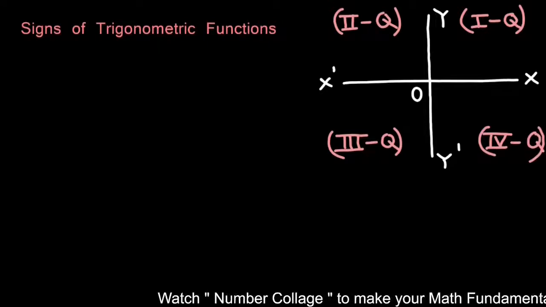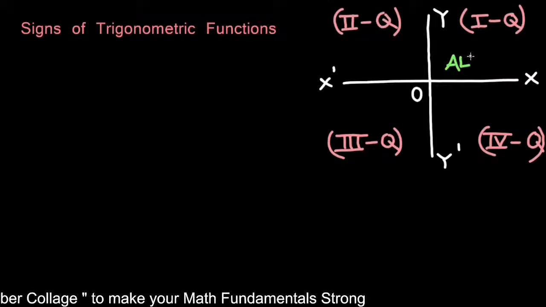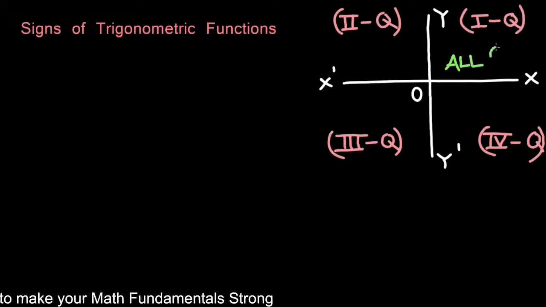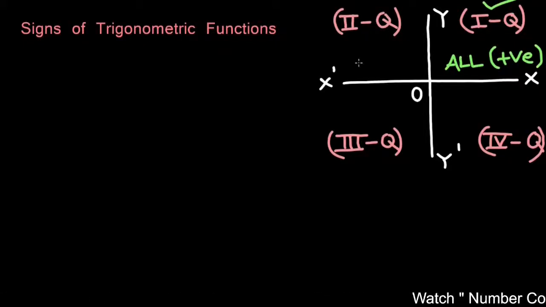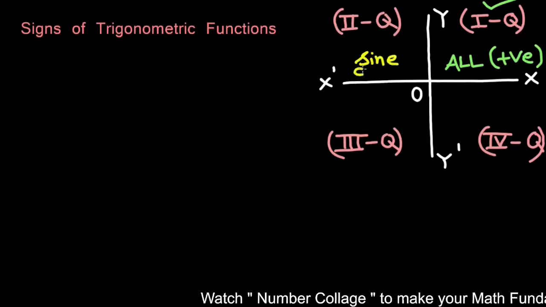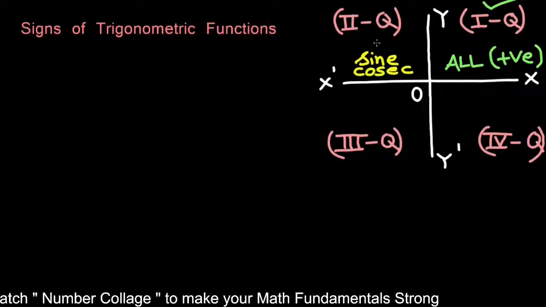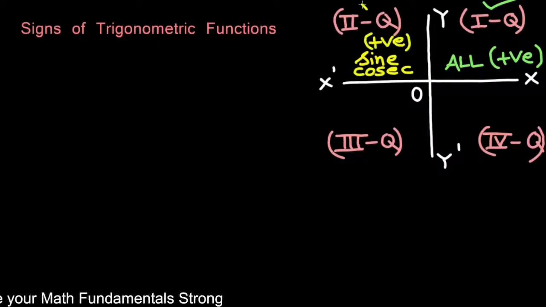What we have learned is all trigonometric functions are positive in the first quadrant. Only sine and cosec trigonometric functions are positive in the second quadrant, and the remaining ratios are negative.